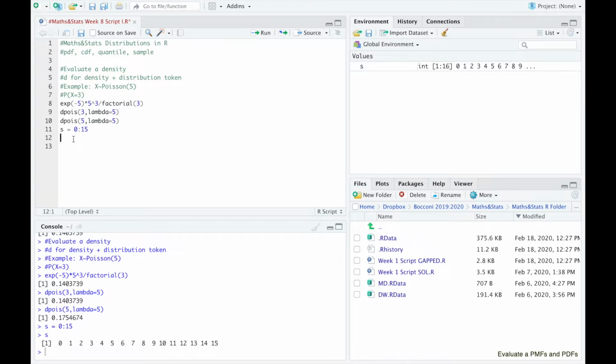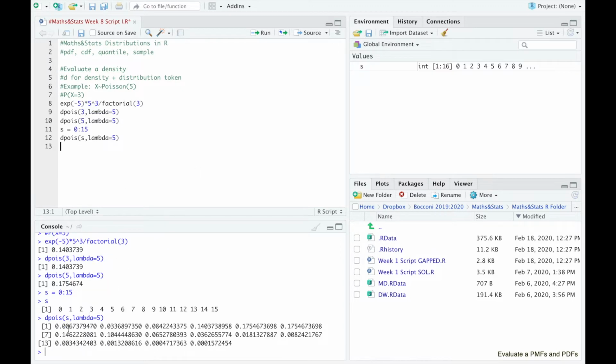So if I write dpois, and I evaluate the density not just for a point, but for a vector, and we'll stick to lambda equal to 5, the result will be a vector with the same length as s, so 16 entries, and each entry will have the density of the Poisson evaluated at 0, 1, 2, 3, and so on.